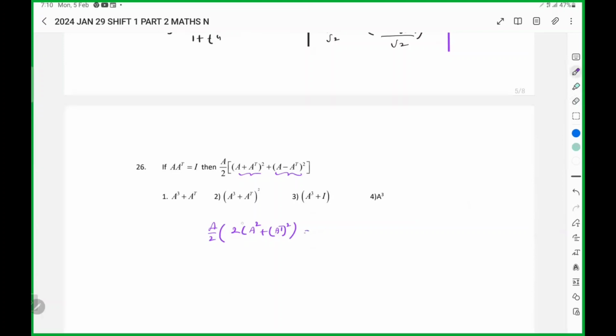So this 2 gets cancelled. A into A transpose whole square. A into A transpose. A into A transpose is I into A transpose. A cube plus A transpose.